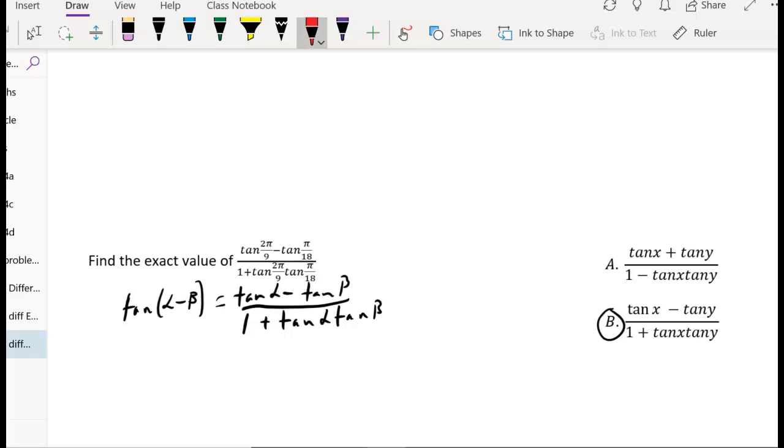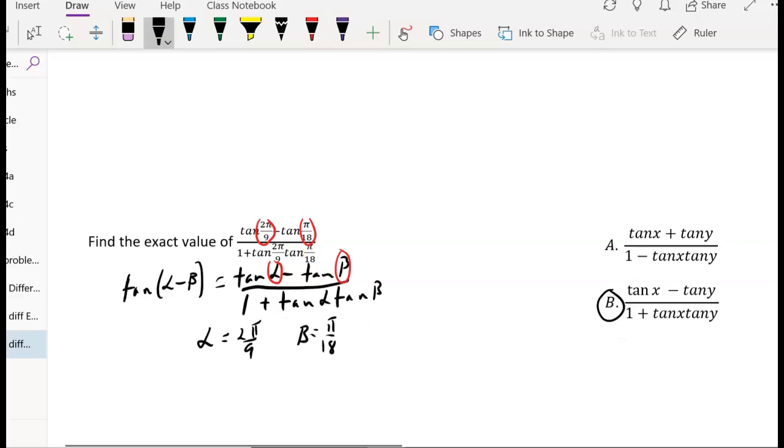And from here, hopefully you can see that alpha must be 2 pi over 9 and beta must be pi over 18.